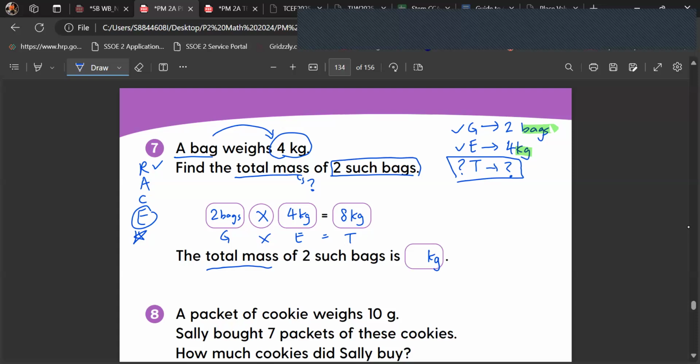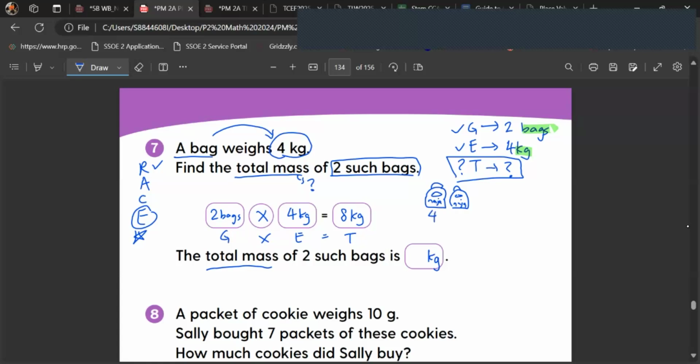Now, how do I draw a model for this? Do you remember how to draw a model for this? Not at all? Really? Or we can try to draw a bag, like let's say draw a handbag or your school bag. And then I got two such bags.